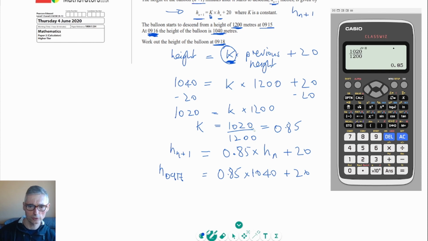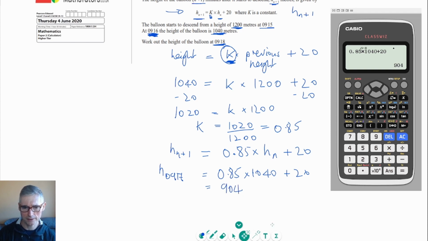I'll substitute that into the calculator: 0.85 times 1040, plus the 20, and we've got 904. So that gives us the height at 0917, which is 904.